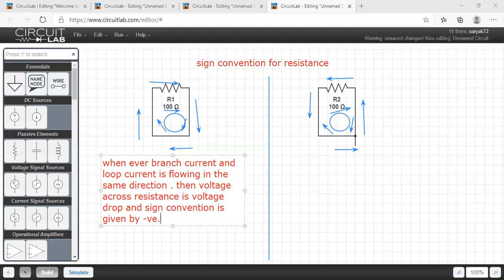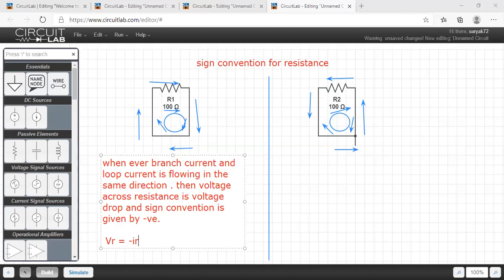In some books, they will go for positive sign here. There is no need to worry about this; at last, every answer will be the same. So I took the negative side. Then I can say that the voltage drop across R is given as minus I into R. That is the sign convention.